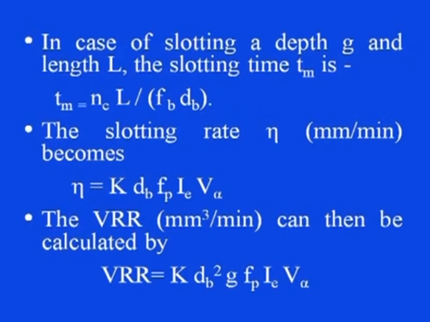Then again the slotting rate eta in millimeter per minute can be expressed as K times dB times Fp times I times V alpha, while the volumetric removal rate in millimeter cube per minute can be expressed as VRR equal to K times dB squared Z into Fp into I into V alpha.